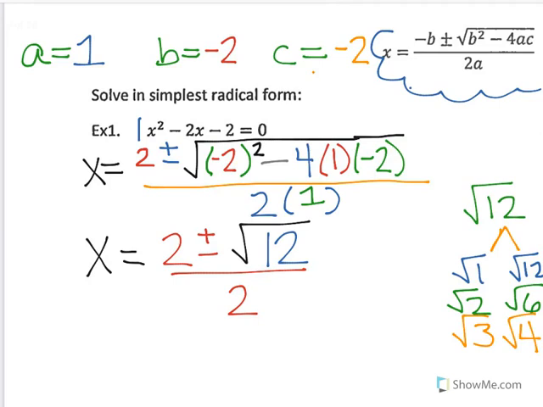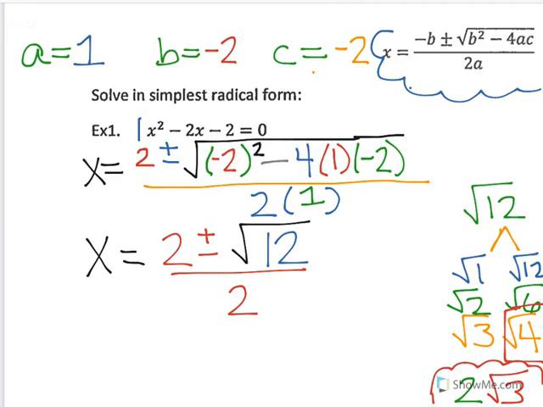Of those options, the only perfect square and the largest perfect square listed is 4. So remember, the square root of 4 will turn into 2, and then the radical 3 can't be simplified, so it's just written below.